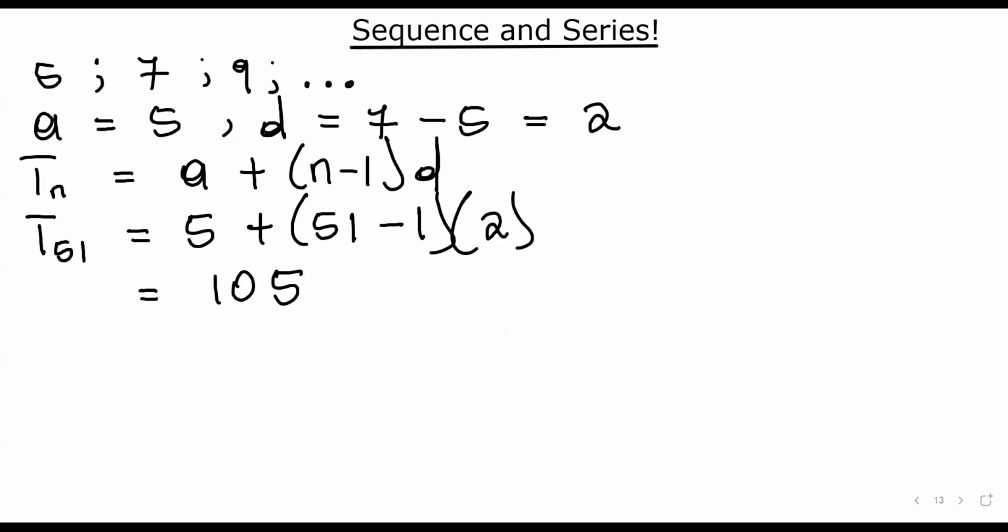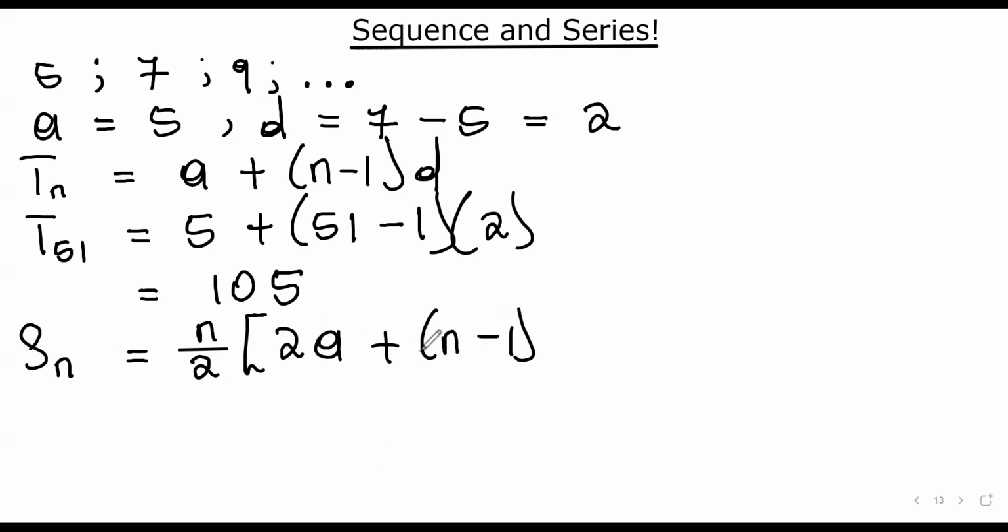And next, they say we need to calculate the sum of the first 51 terms. Okay? So, we know that the sum of the first number of terms is given by the number of terms divided by 2 times twice as much the first term, added to n minus 1 times the constant difference.